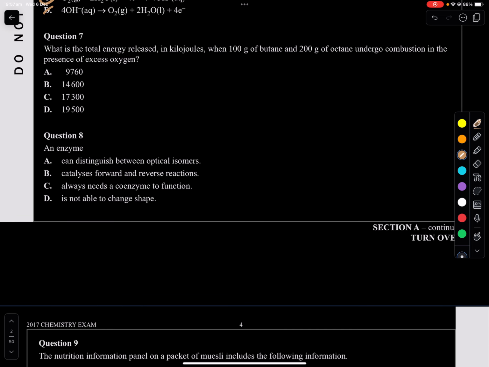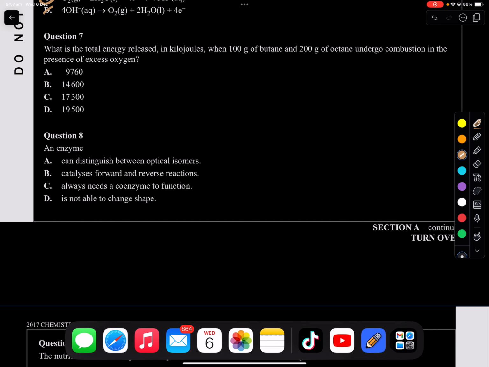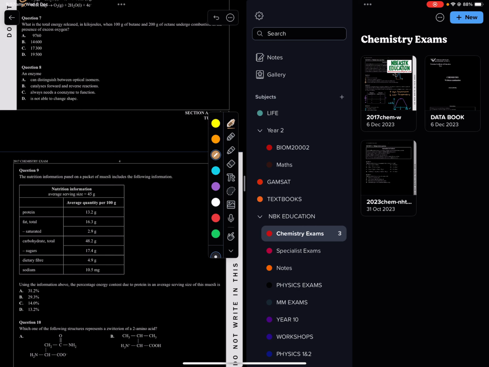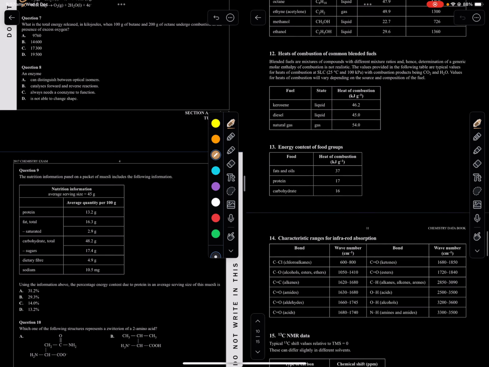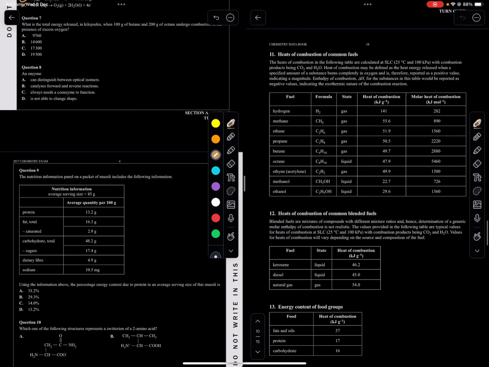Question 7. What is the total energy released in kilojoules when 100 grams of butane and 200 grams of octane undergo combustion in the presence of excess oxygen? Nice and easy. So, let's look at our energies for butane here.